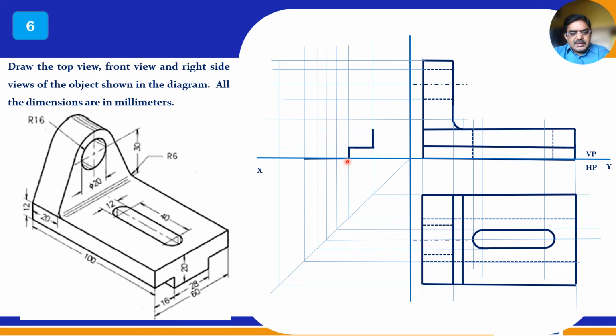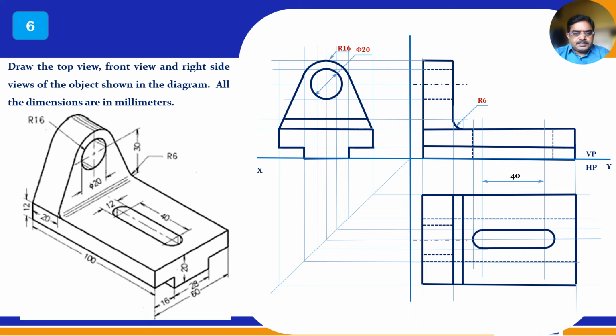Now give all the dimensions. It is one of the very important components. This is R16, and this is a 20 mm diameter, and this is 8 mm you can take. R16 is given.